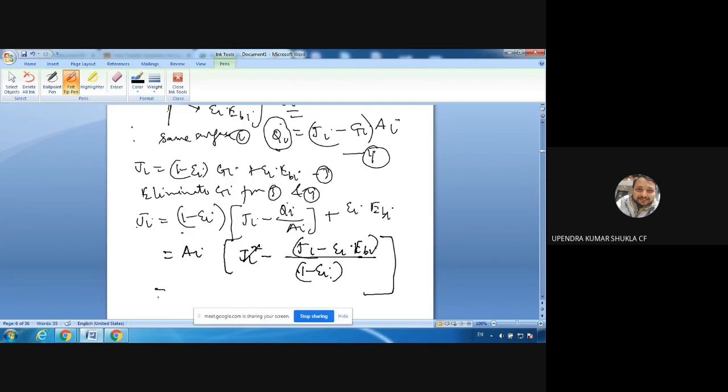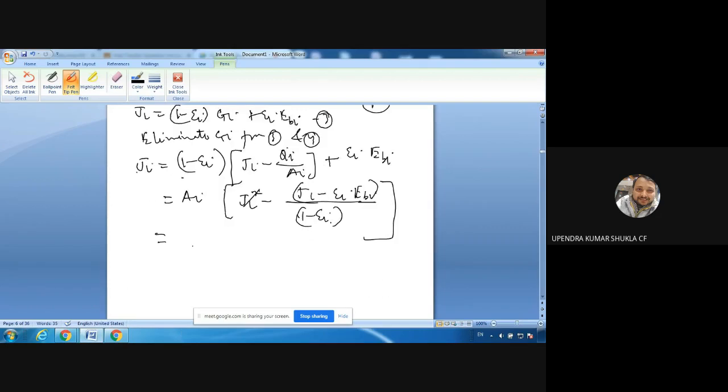So I will write further: Ai epsilon I, 1 minus epsilon I, Ebi minus Ji is equal to what? Qi.